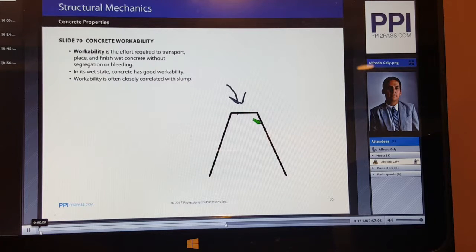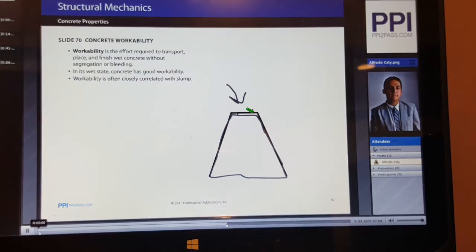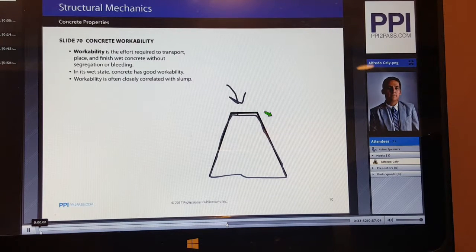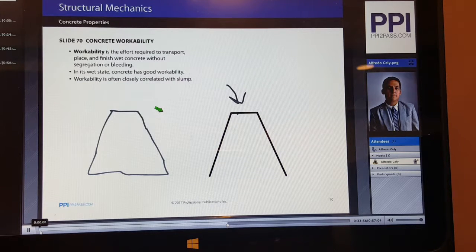Let's say our concrete shape right now is something like this inside the cone. That's our concrete shape inside the cone. So we remove the cone, we will see that the concrete will slump and we'll have a shape perhaps like this. And I should probably use a different color.